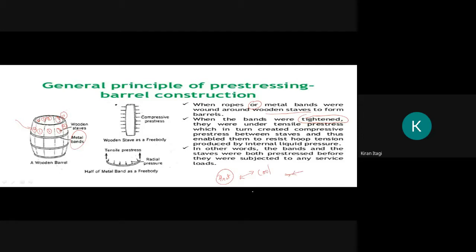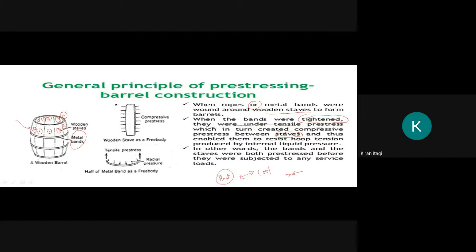The contraction will happen. So when the bands were tightened, they were under tensile pre-stress, which in turn created compressive pre-stress between the staves and thus enabled them to resist the hoop tensions.